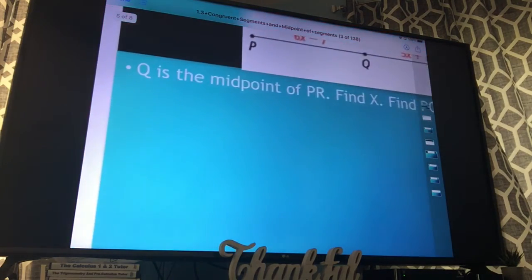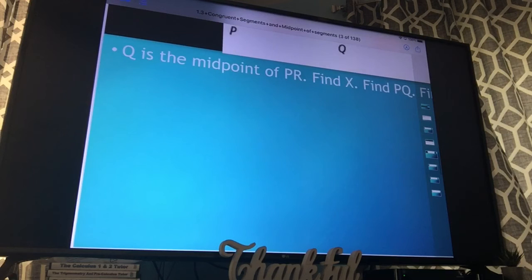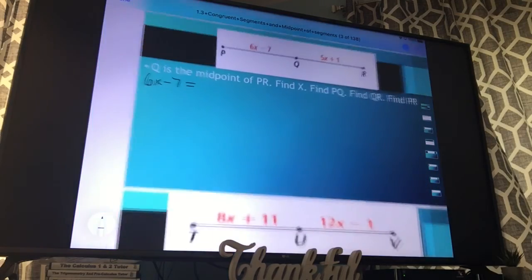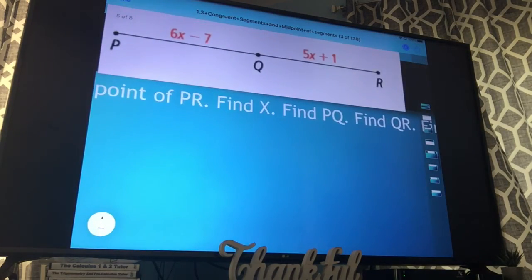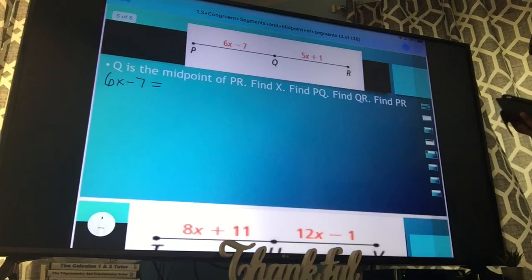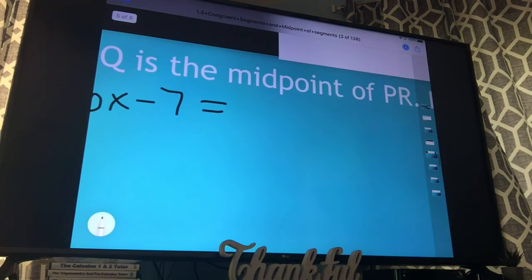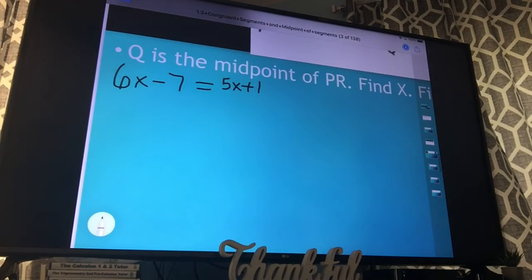So we can say 6x minus 7 is equal to, because we know that it equals the other side since Q is the midpoint, 5x plus 1. So we can set both of those expressions equal to each other and solve.